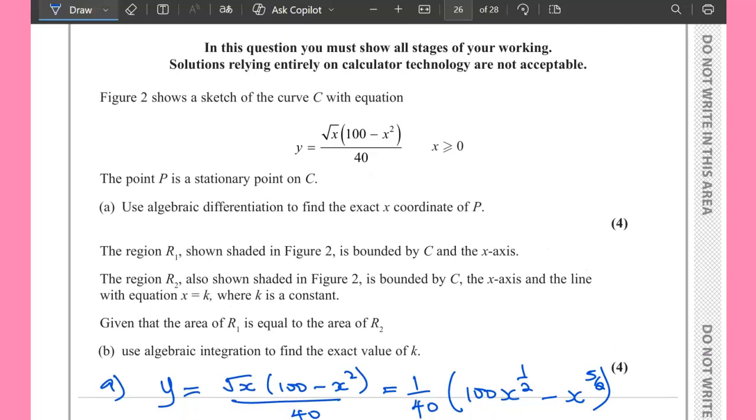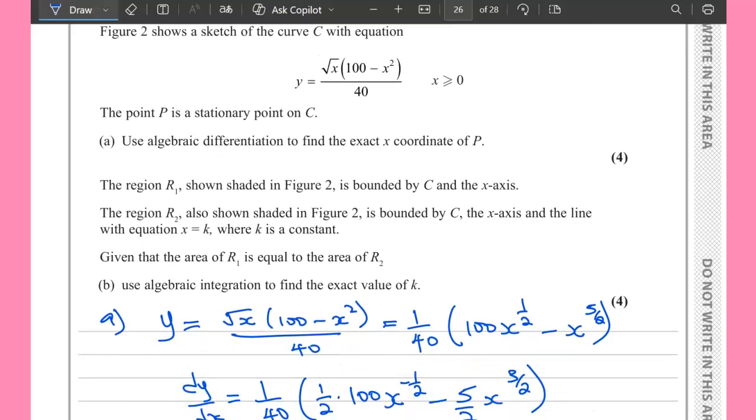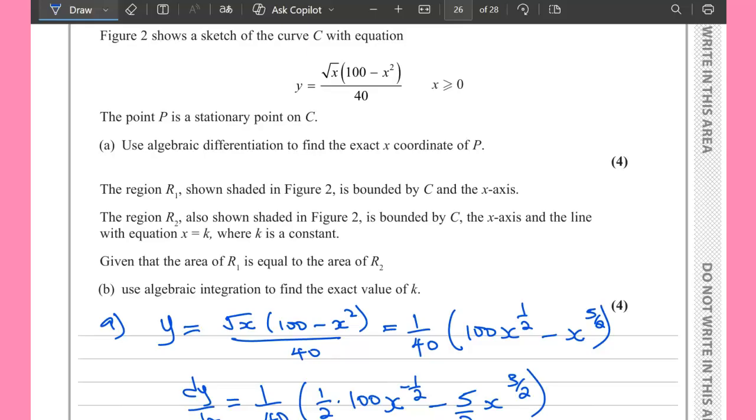The region R2, also shown shaded in figure 2, is bounded by C, the x-axis, and the line with the equation x equals k, where k is a constant. Given that the area of R1 is equal to the area of R2, use algebraic integration to find the exact value of k. So in part B, we are required to find the value of k.